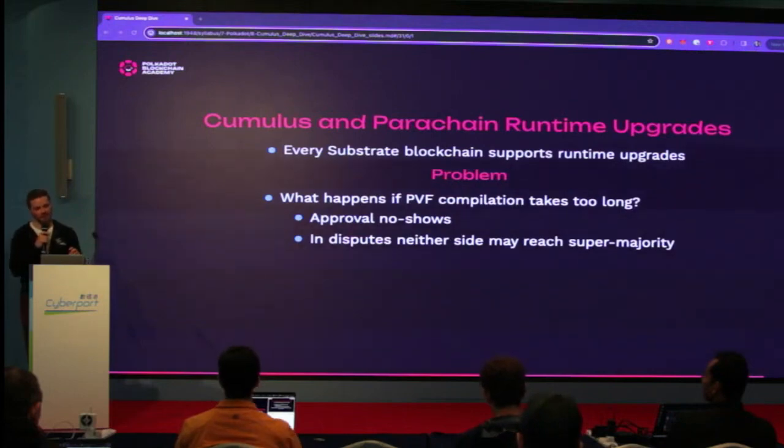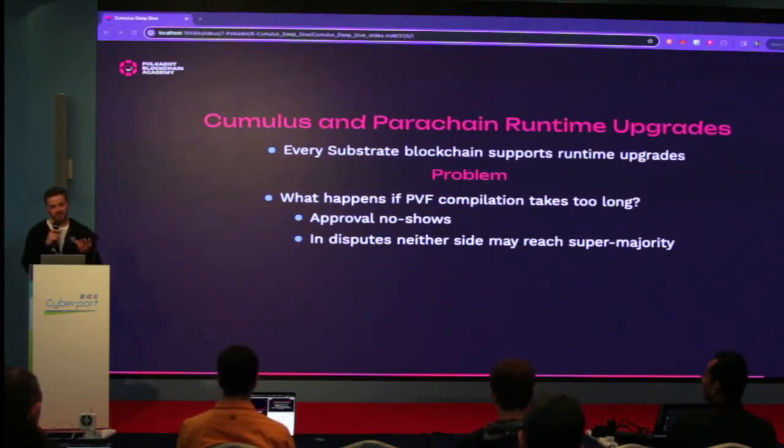Various bad things can happen, but essentially a malicious parachain, or even a non-malicious parachain, could submit a parachain validation function containing their state transition function that contains code that just cannot be compiled in an efficient manner.